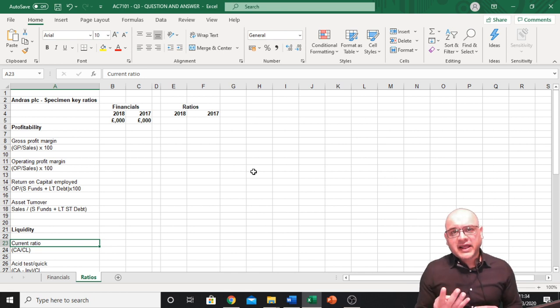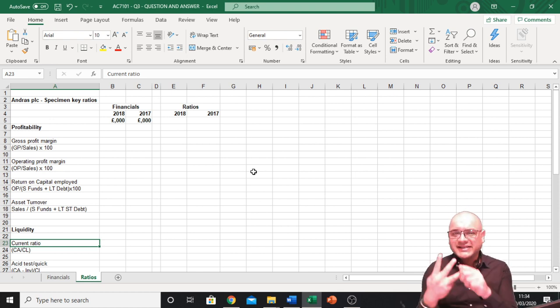Okay, now in order to conduct a good basic analysis, you need to look at a company from 4 different angles. Number 1 is the profitability, to check whether the company is profitable or not, or making enough profit. Second is liquidity, do they have enough cash? Third one is their efficiency or working capital. So we want to look at that to see whether they have good control over their day-to-day operations.